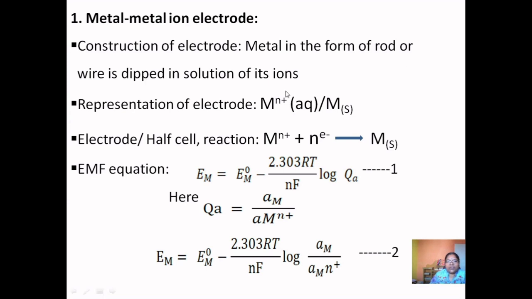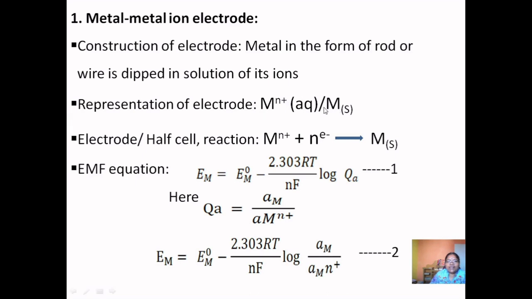Then the single line is our phase boundary. And then the metal in solid state. So that is how we have to represent the electrode: metal ion, in the form of solution, so we mention aqueous in bracket, then a single vertical line, and then the metal in solid state.